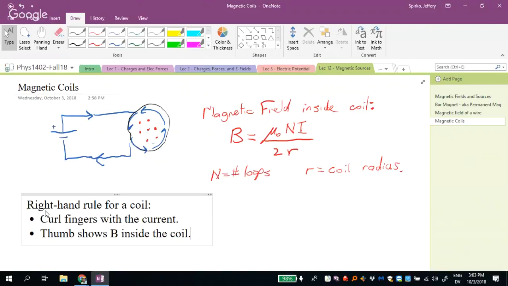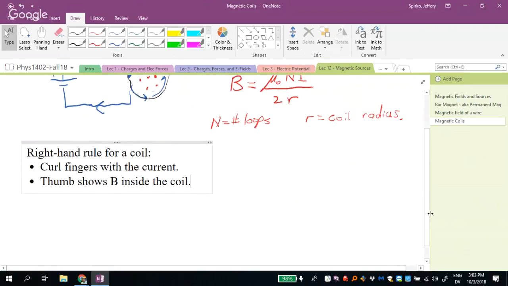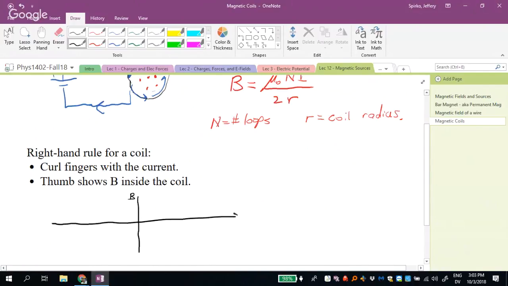So sometimes we do calculations with coils. If we do a graph of B versus Z. So if we measured the magnetic field actually in the middle and then above the coil a little bit and above it a little more and above it a little more, the further away we get, the weaker it's going to be.